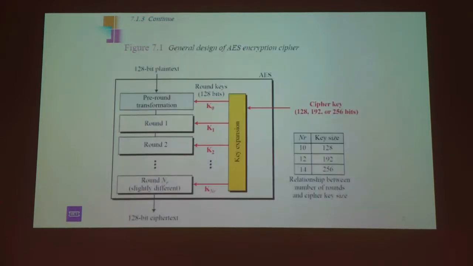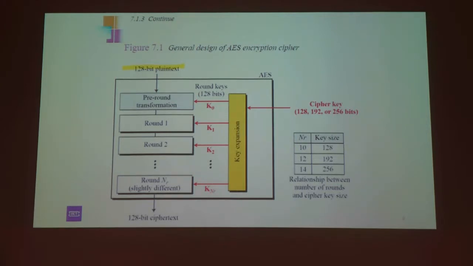So here is the general design of the AES encryption cipher. Always you start with your plain text, and then it goes inside the AES. If you look at the right side of your figure, you have the key expansion, like we have in DES. We started from 1 key, 64 bits, which had parity bits.